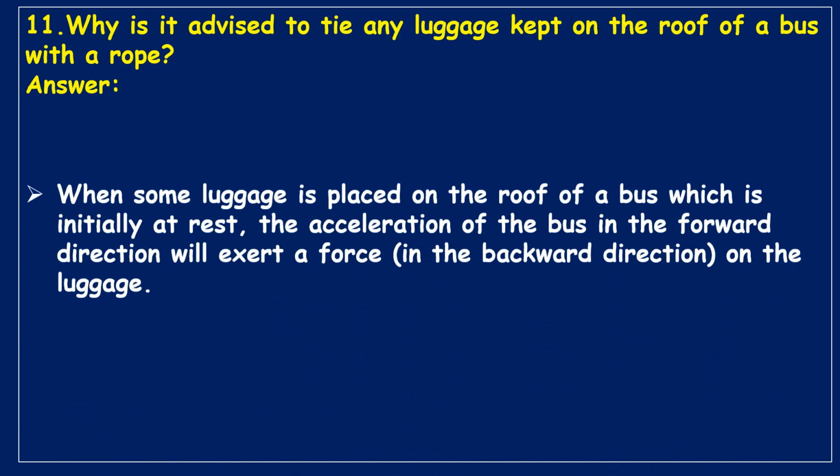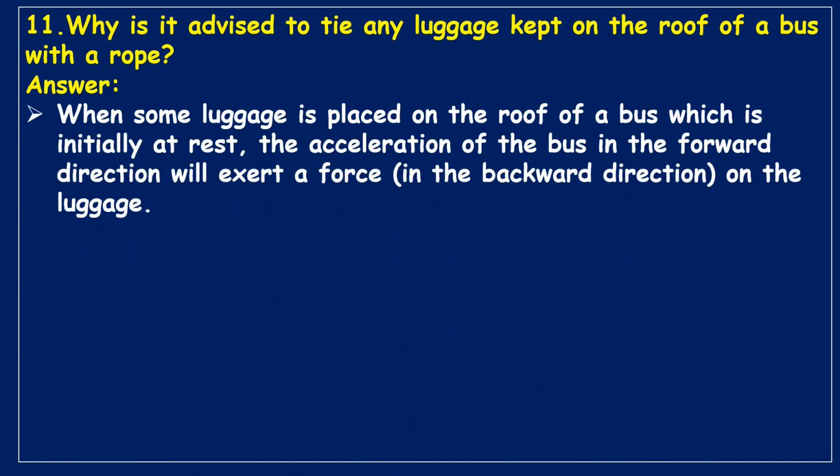Your answer: when some luggage is placed on the roof of a bus which is initially at rest, the acceleration of the bus in the forward direction will exert a force in the backward direction on the luggage. Initially the luggage is at rest, but suddenly the bus starts in the forward direction.